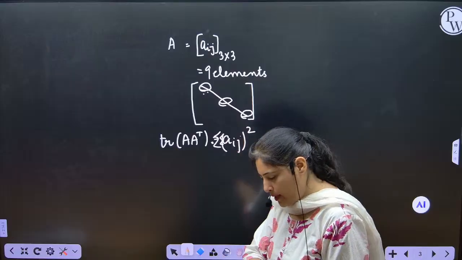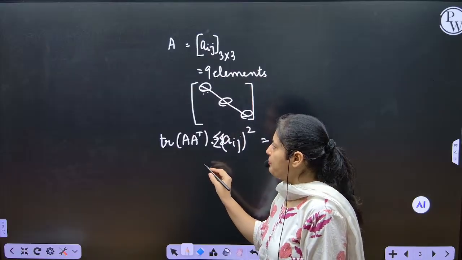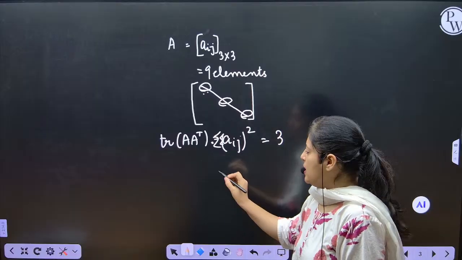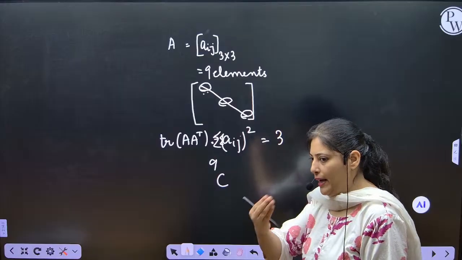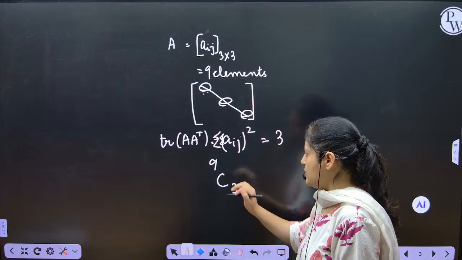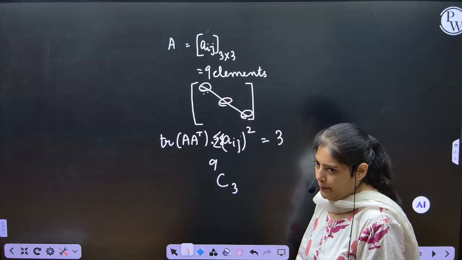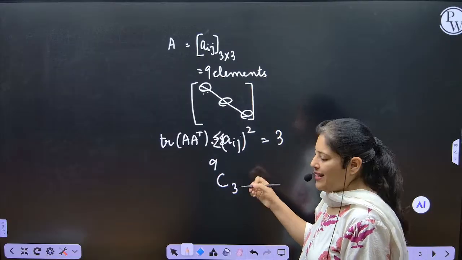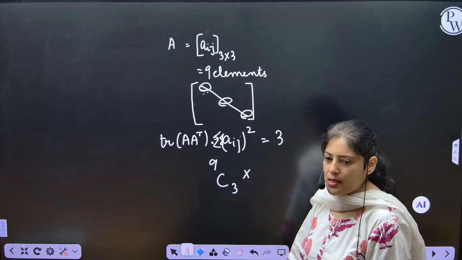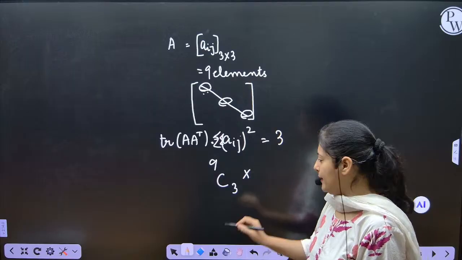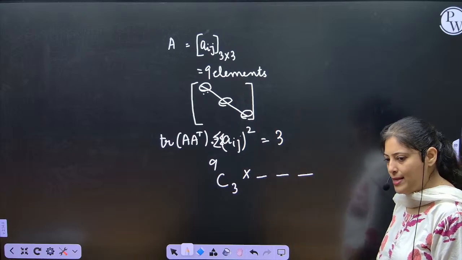Now see, first out of 9 positions, I am selecting 3 positions. Which 3 positions? These 3 positions. Now 9C3 we will calculate. Now suppose these 3 positions are selected: 1, 2 and the third position.